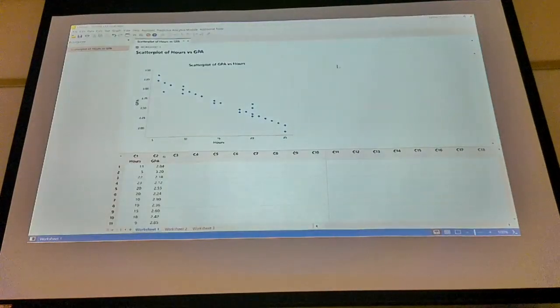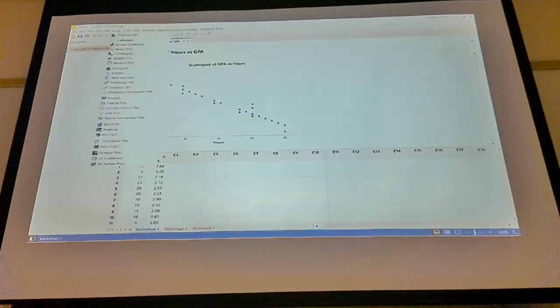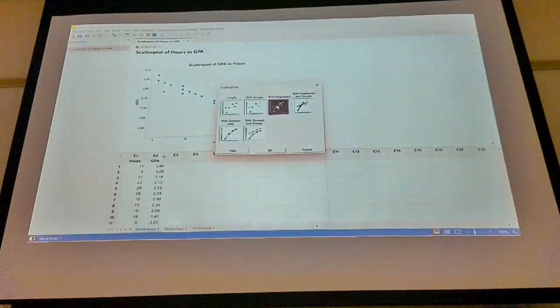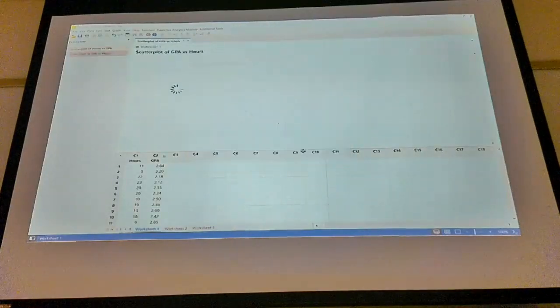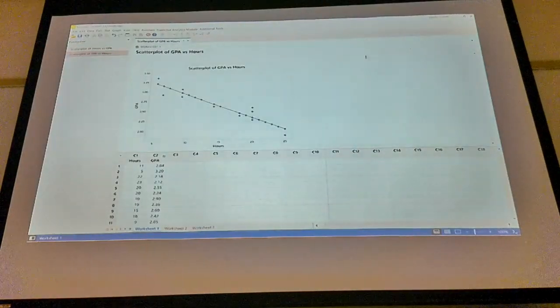To find the line of best fit, I'm actually going to try scatter plot with regression. Let's see what that gives me. Y would be GPA, X would be hours. So there's a scatter plot with the regression line using that method.